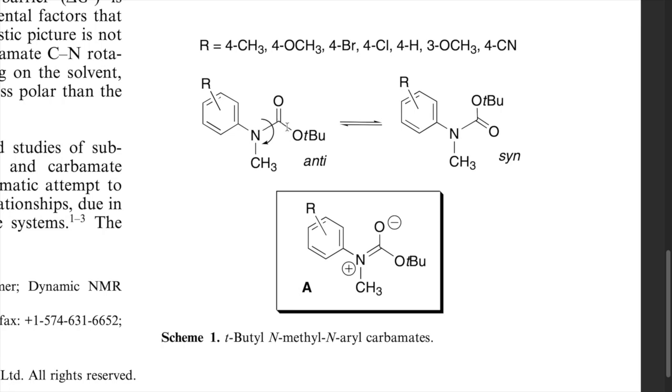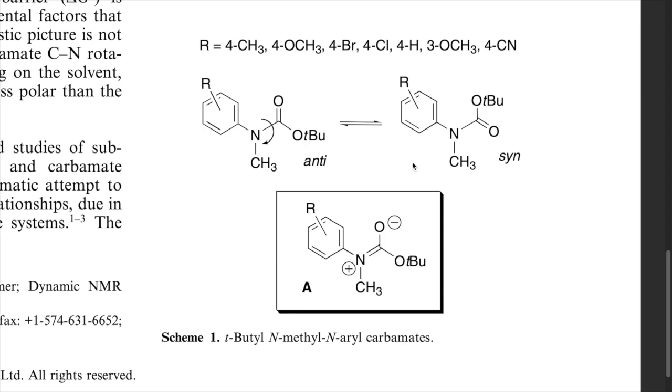You can generally rotate around single bonds, and so you go from one version of the molecule, what we call the anti-conformer, where the larger groups are opposite from each other across that bond, to what we call the syn conformer, where those larger groups are on the same side of that bond. I say larger groups, really it's higher priority, but I'm going to just call them larger groups for simplicity's sake.